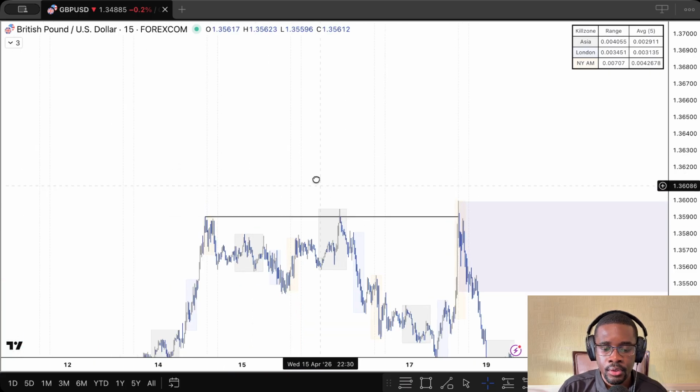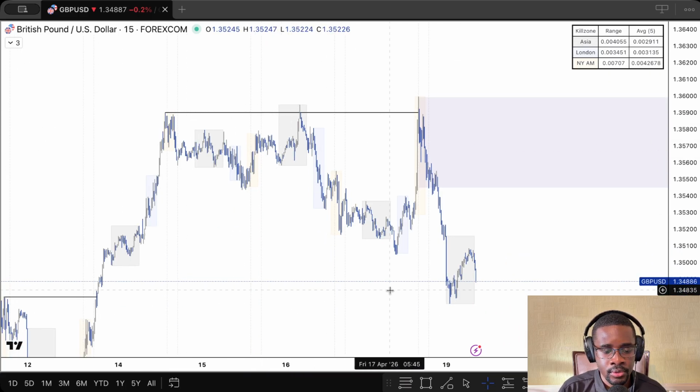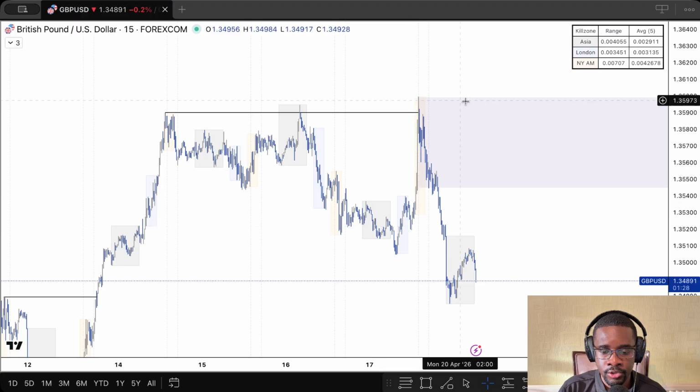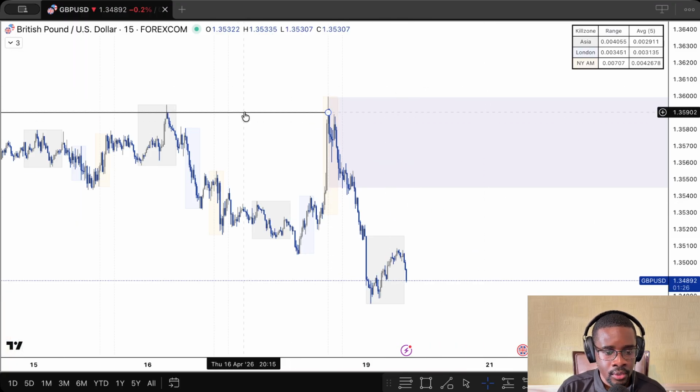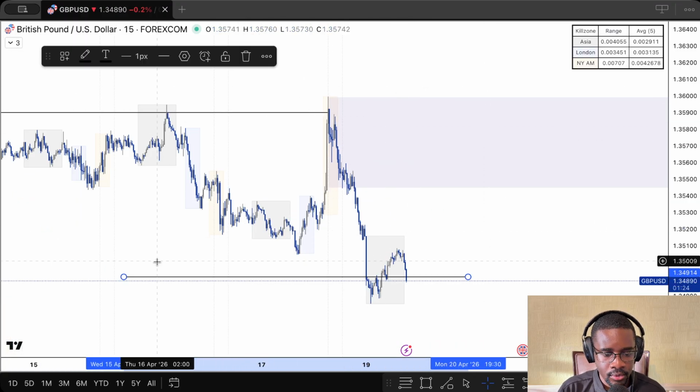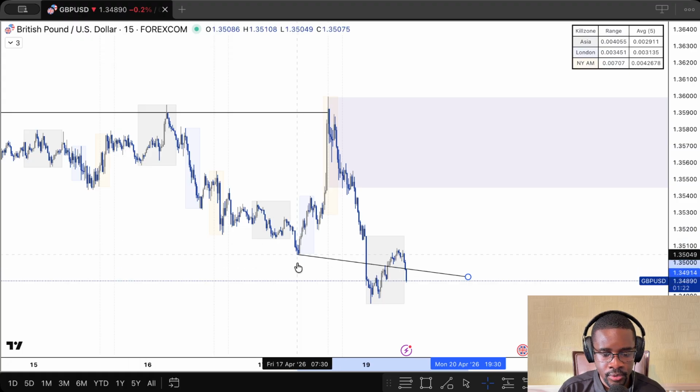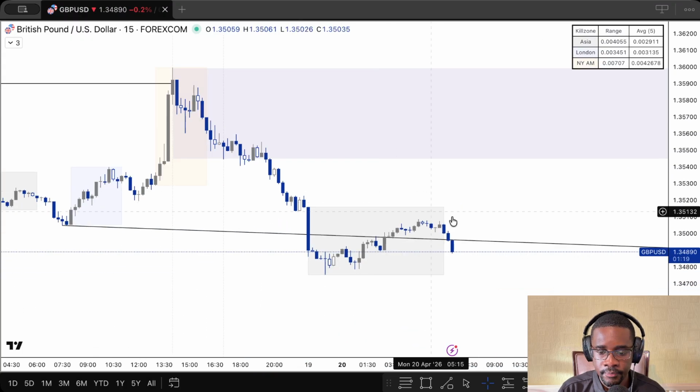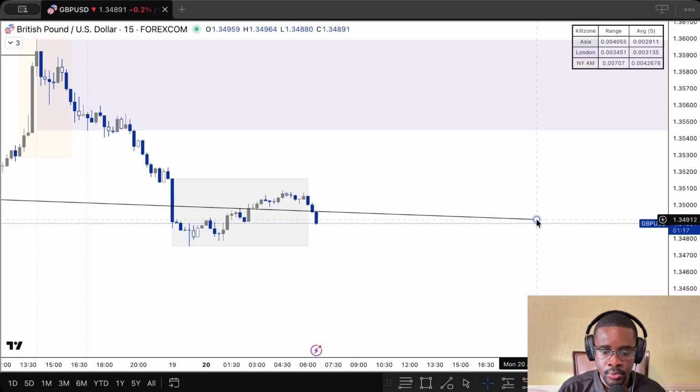Okay, so we had a sweep, and then we had a sizable pullback, and then eventually had a break of structure, and then from that break of structure, price just immediately tanked. So this is what we have.